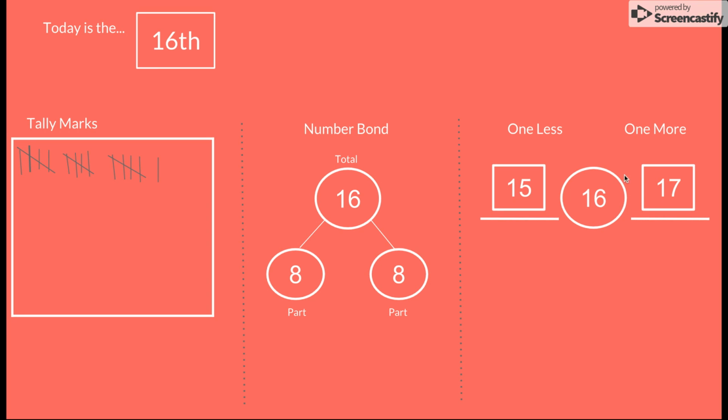What number comes after 16? 17. So phrasing the question in different ways. What was the day yesterday? Or what is the day tomorrow? Or counting, what comes before 16? 15. What comes after 16? 17. So phrasing questions differently for them to understand the concept that is being taught.